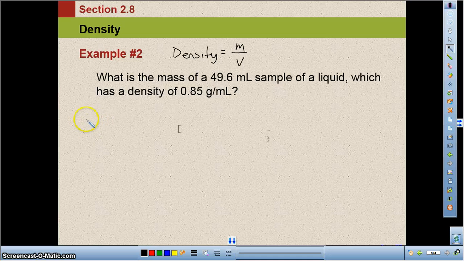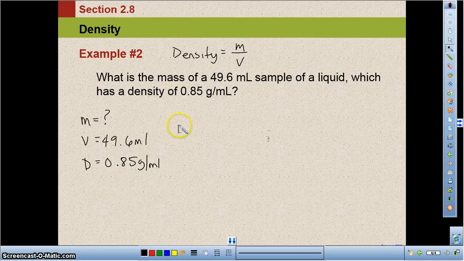It says, what is the mass of, so here, first of all, M equals a 49.6 milliliter sample of a liquid, so volume equals 49.6 mL, which has a density of 0.85 grams per milliliter. All right, so in this case, we know density, and we know volume, but we have to find mass.